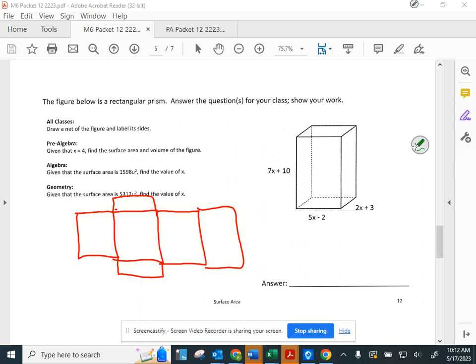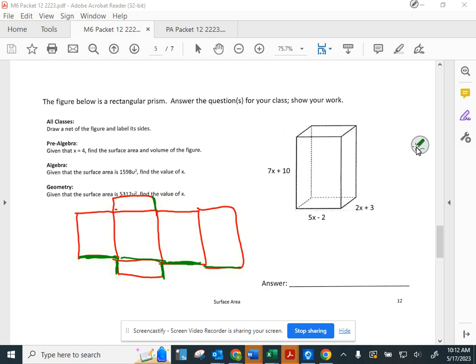I hear what you're saying. I'm looking at it a little differently. If I have this for my top sides, this and this and this, I drew all the same size. They're not all the same size. It's not a cube. So this side and this side need to match up with these sides. This side is way too long to match here.